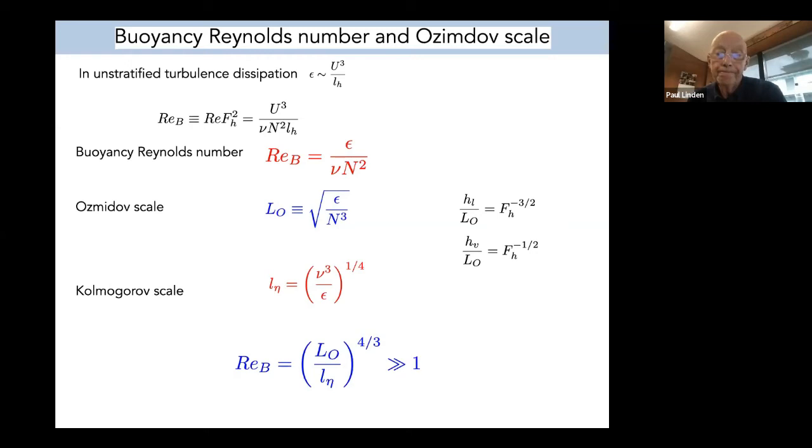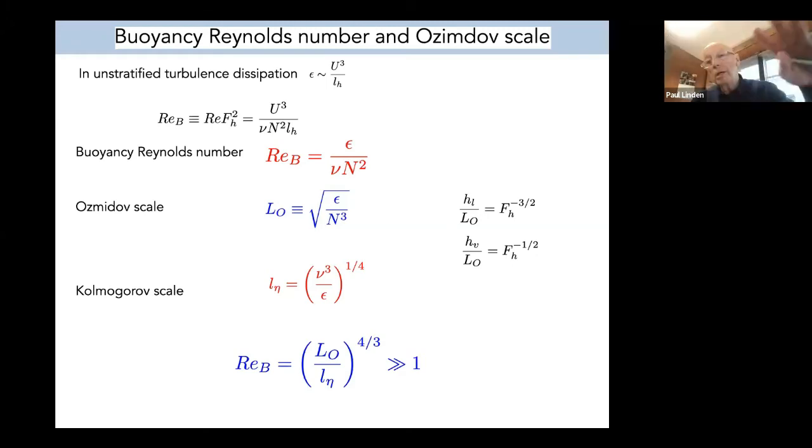Another length that comes out of this process, called the Ozmidov scale, is given by the square root of the dissipation epsilon over n cubed. And this is a fundamental length scale, which is generally regarded as the smallest scale at which buoyancy starts to no longer play a role in the system.